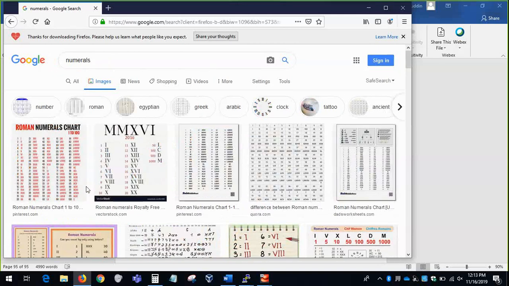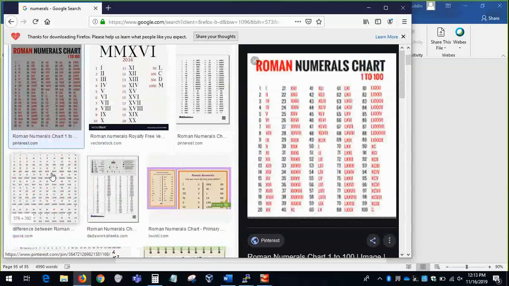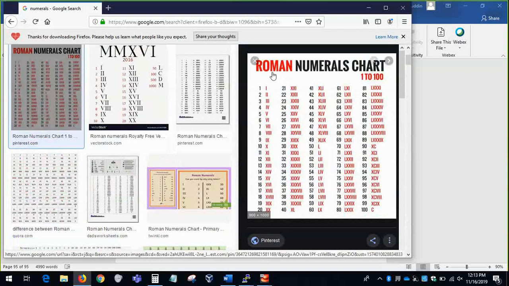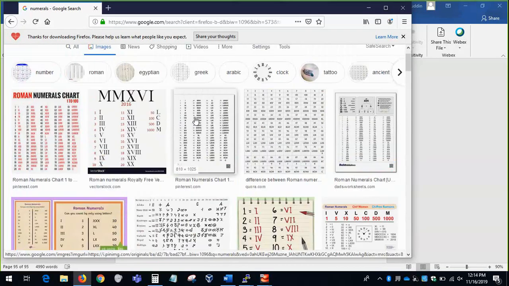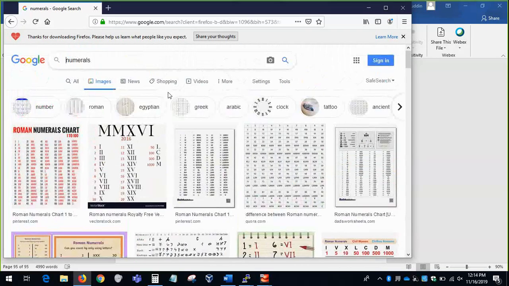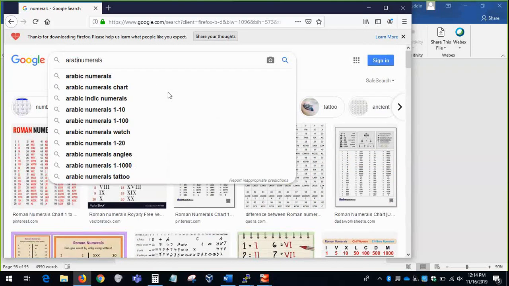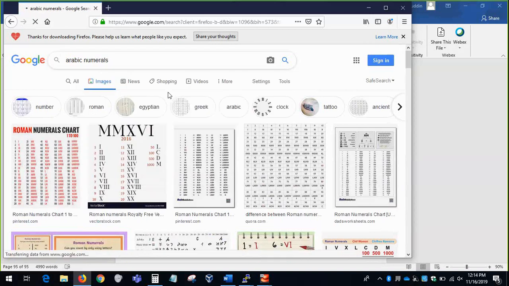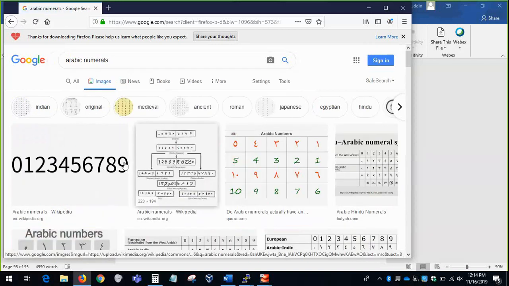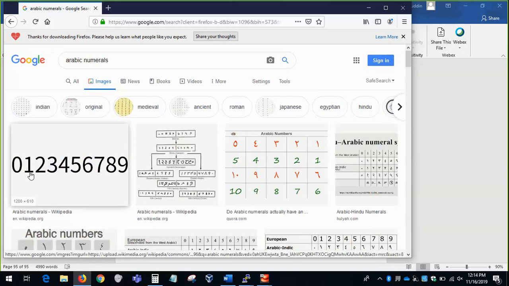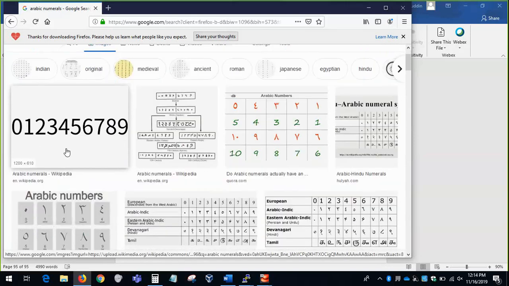These are Roman numerals, and Roman numerals are X, double one, two, B. But 0 to 9 numbers, when you type Arabic numerals, starting with 0, 1, 2, 9, this is nothing but Arabic.